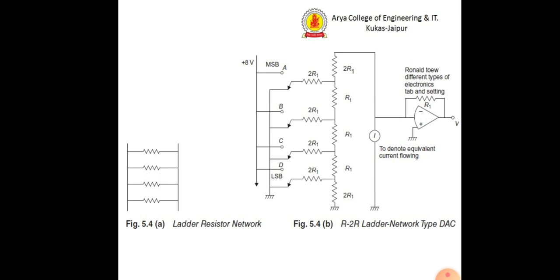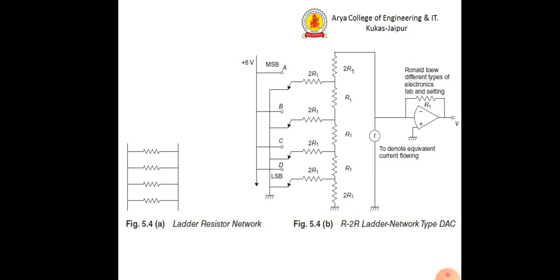If all the bits are 0, the switches will be connected to ground, so the current will be 0. Suppose A is 1 and B, C, D are zeros, and hence A will be connected to +8.